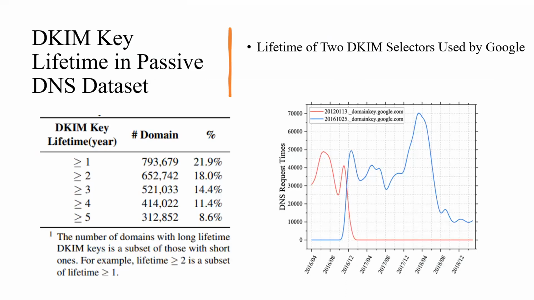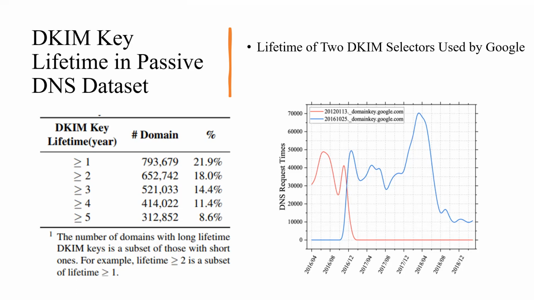As I said earlier, DKIM key management, or key lifetime, in the passive DNS data set is, as you can see, the data is around 1 million domains in which the key lifetime greater than 1 is 21.9%, greater than 2 is 18%, greater than 3 is 14.1%, and greater than 5 is 8.6%.